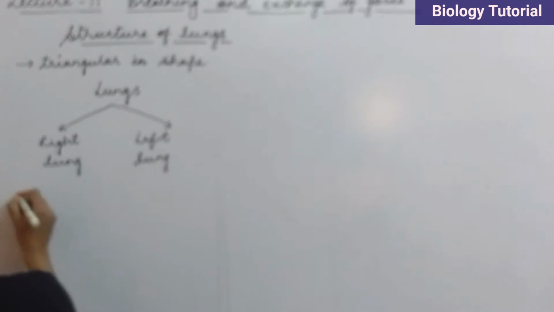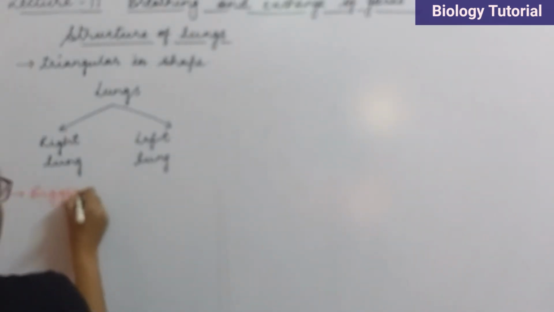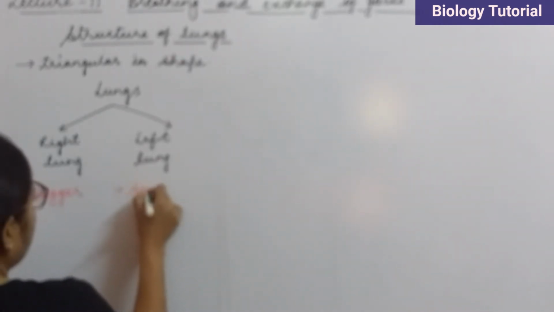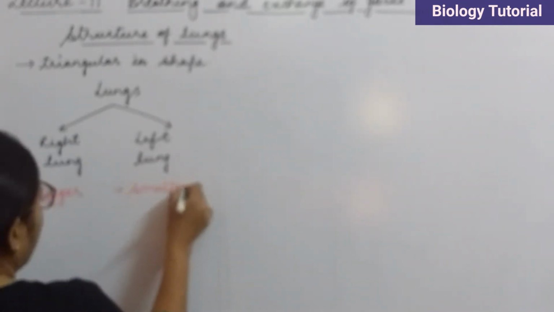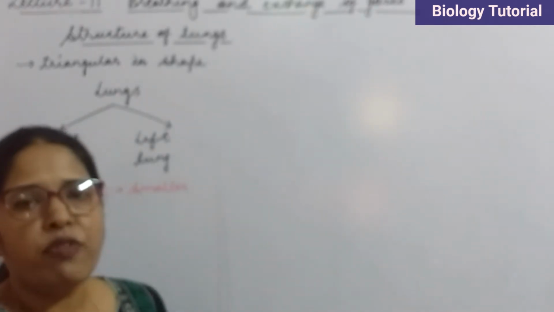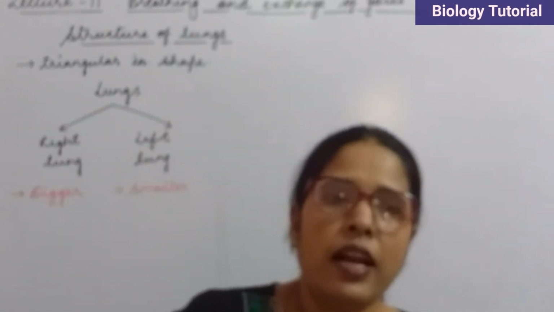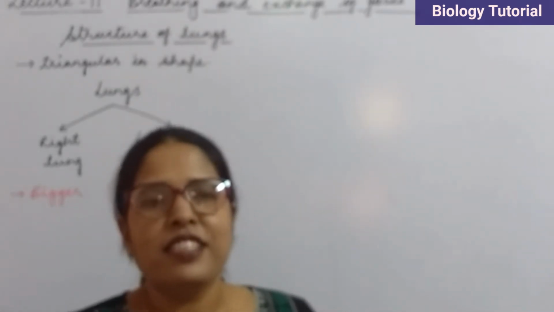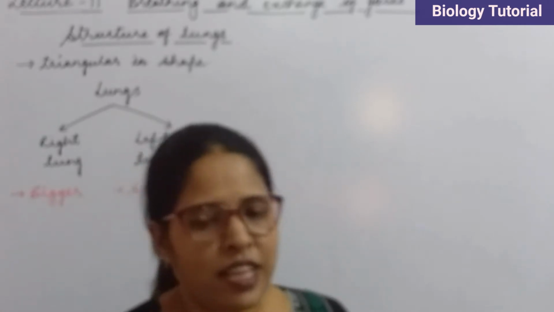Right lung is bigger than the left one, so its size is bigger and the left is smaller in size. Okay? Diagrammatically we will see the structure of both of these lungs.